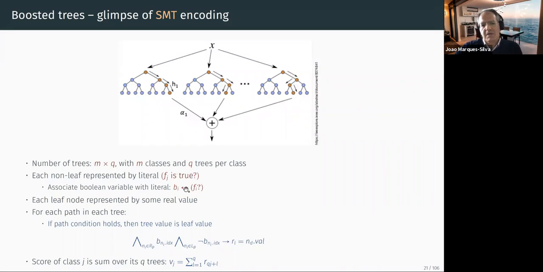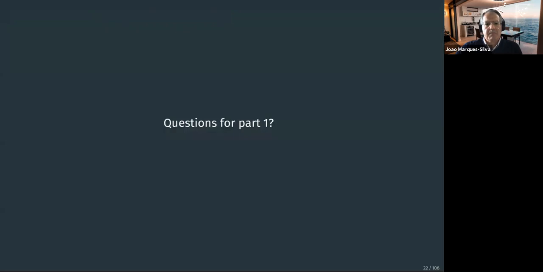So essentially, you can represent this trivially in logic. And the output value, for a boosted tree, is going to be some real value. It's going to exist if the path is activated. Okay. So if the path is activated, then we have the real value. And then you just need for a boosted tree to sum and then take the max. That's it. Okay, so it's also easy to do.